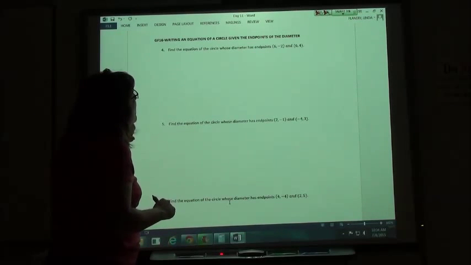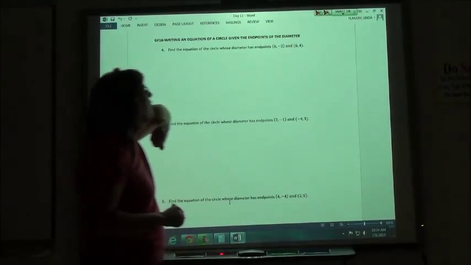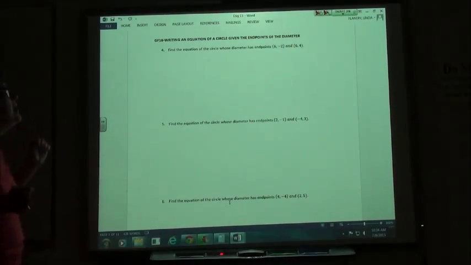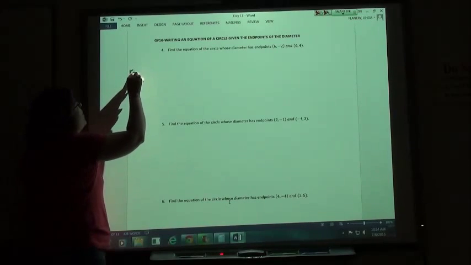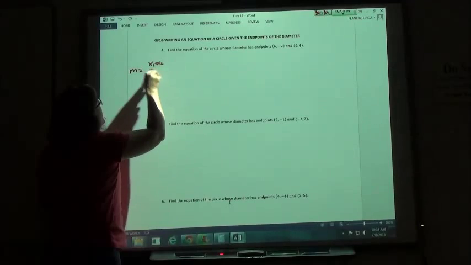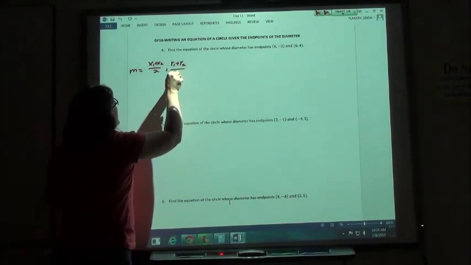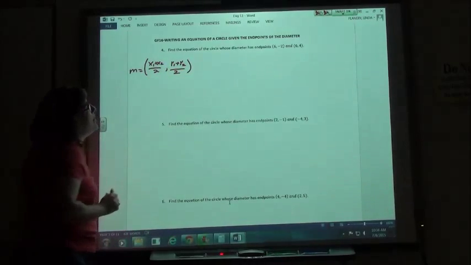So again, I'm going to find the equation of my circle. I know what the endpoints are, so I need to find the center of my circle by finding the midpoint. On the midpoint, remember, we added the x's and divided by 2 and added the y's and divided by 2 to find the midpoint.